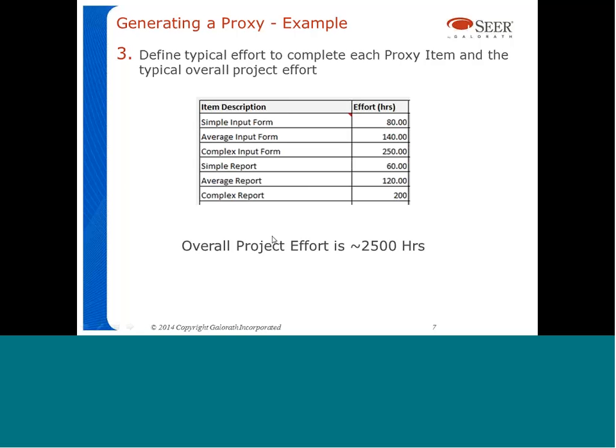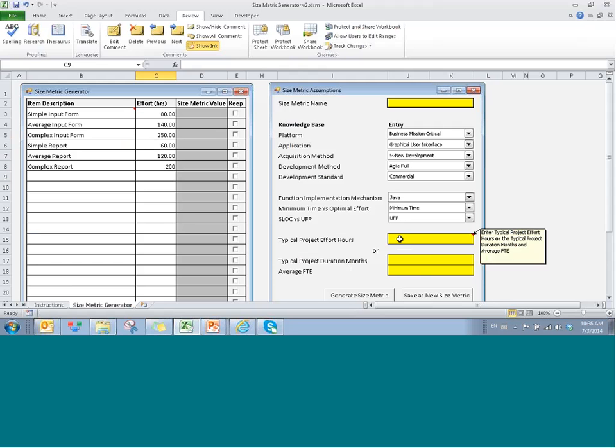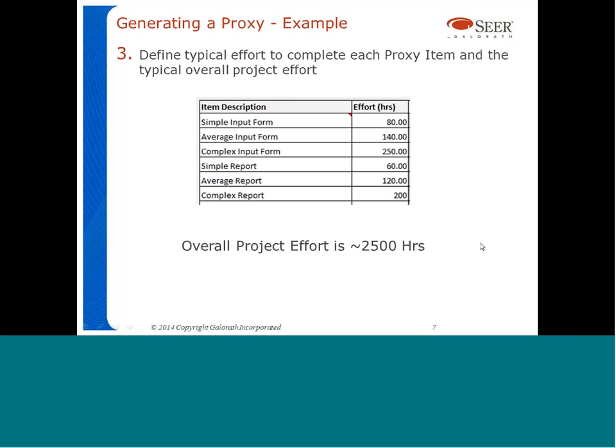Okay, so that's an important value to specify in SEER, because SEER has some entropy metrics embedded in the calculation, so the results might be different depending on the expected overall project effort. So if you're always doing very small projects, then you should specify that. If you're always doing very big projects and you want your proxy to be very accurate for very large projects, then you specify your overall project effort. So that's basically the idea behind this value here.